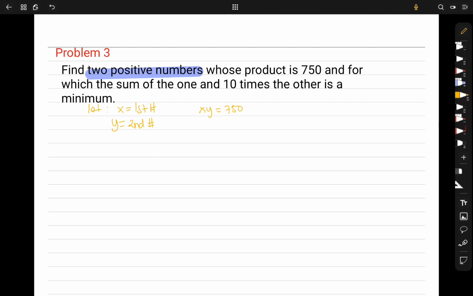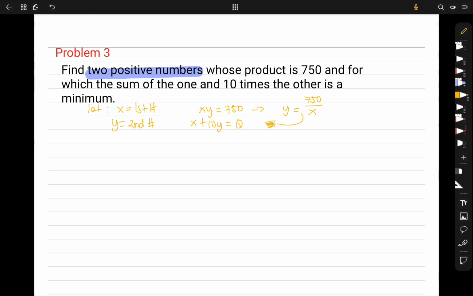So the sum of 1 plus 10 times the other is a minimum. So that is q. So from the first equation, xy is equal to 750, we're able to equate it to y. So by equating, that is 750 all over x. So this will be substituted here.